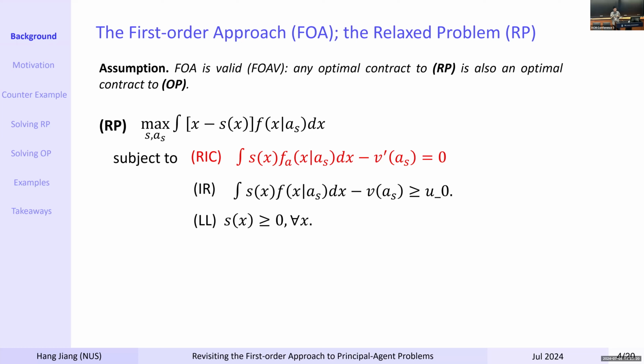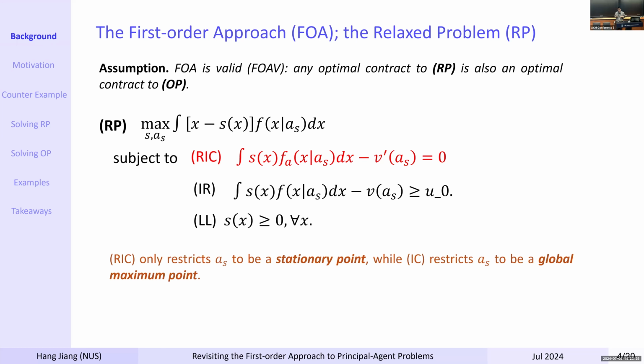The relaxed version restricts a(S), the effort choice, to be a stationary point instead of a global maximum. In the original problem it is a global maximum, because the agent should give a best response to a contract. But here, to simplify the program so it is easy to solve, we just assume that a(S) is a stationary point.